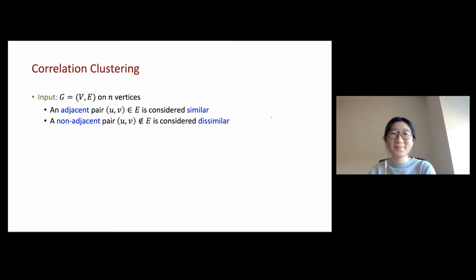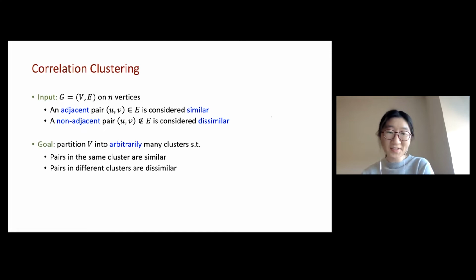So let me start by defining the problem of correlation clustering. We are given an input graph G on n vertices, where each adjacent pair of vertices is considered similar, and each non-adjacent pair of vertices is considered dissimilar.